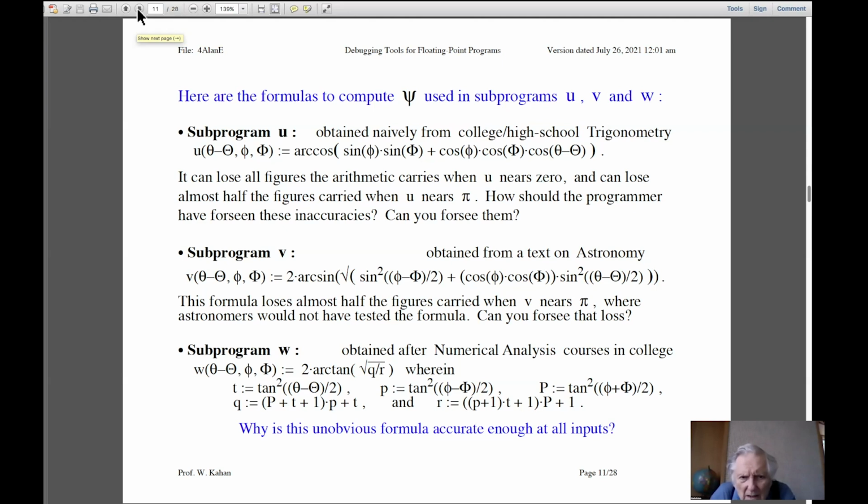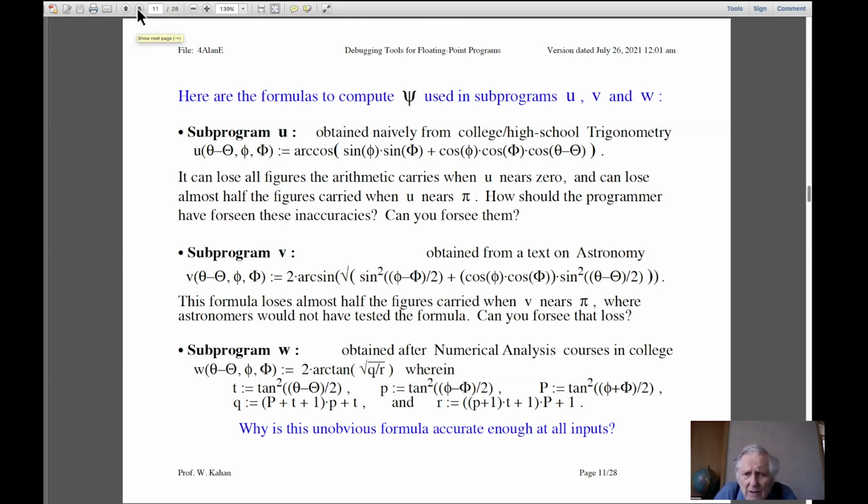And then subprogram W. Well, subprogram W seems terribly unobvious. Where did that come from? It has an arctan and a tan. So it has fewer references to the math library, 2 instead of 3 or 4. And it's much more accurate. But where did it come from?